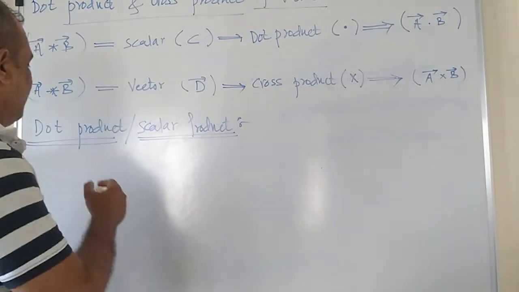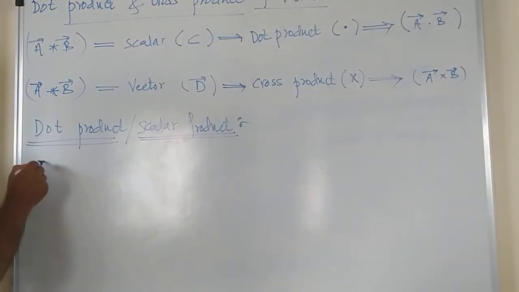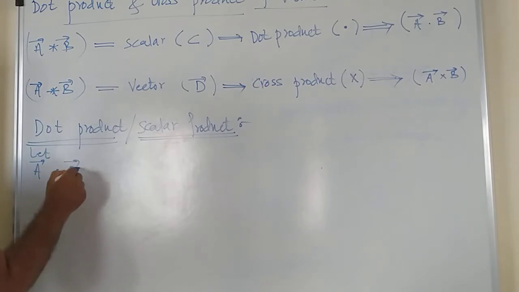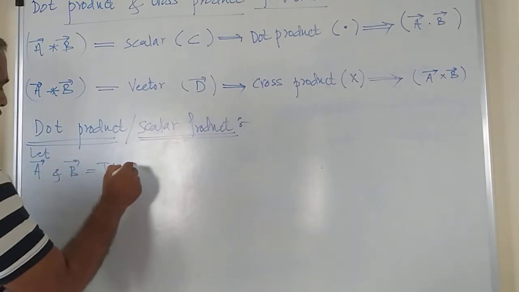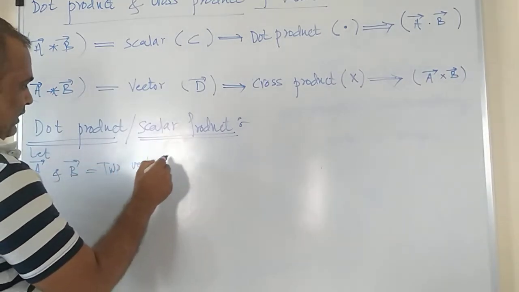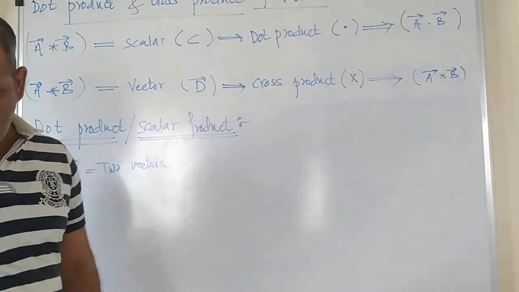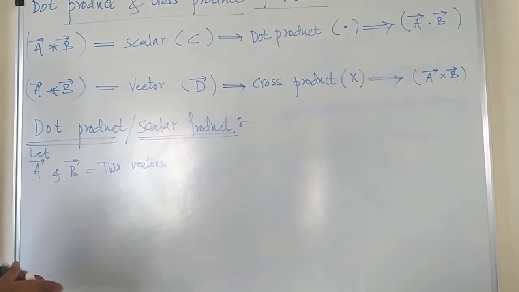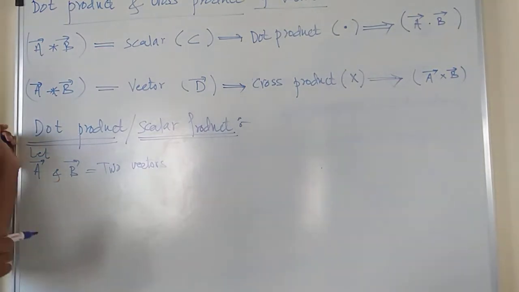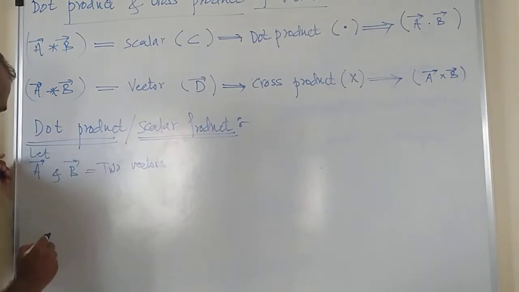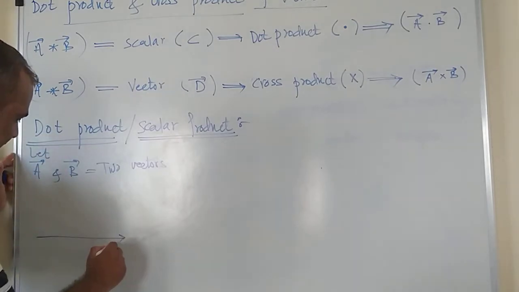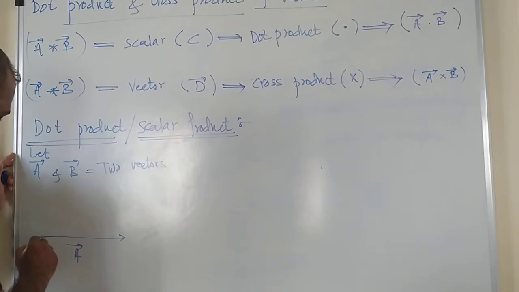If these are your two vectors, then its dot product is given by, and let me multiply these two vectors by considering this is your vector a bar and this is your vector b bar.